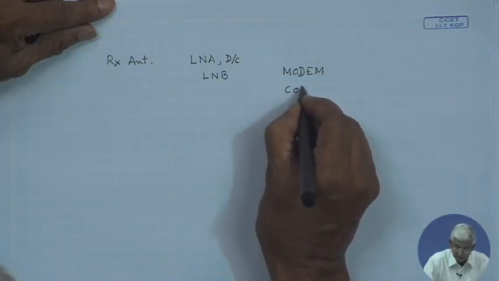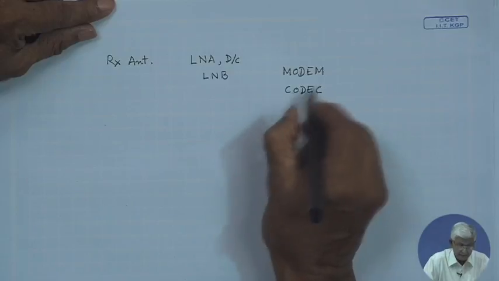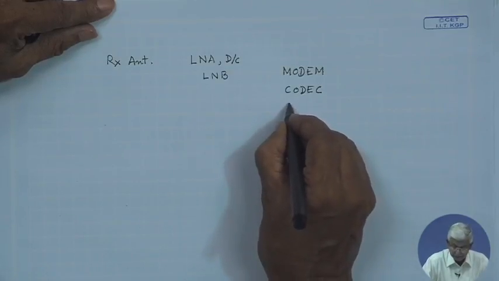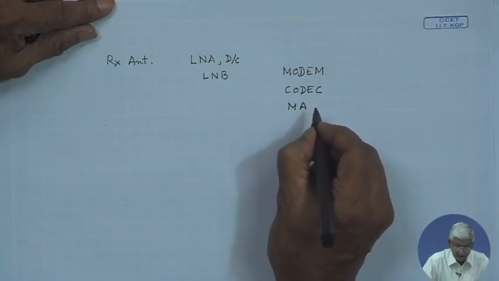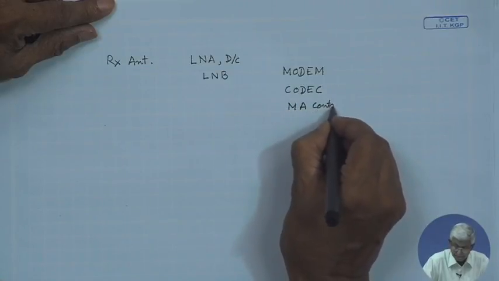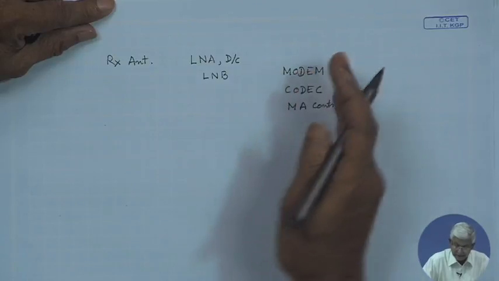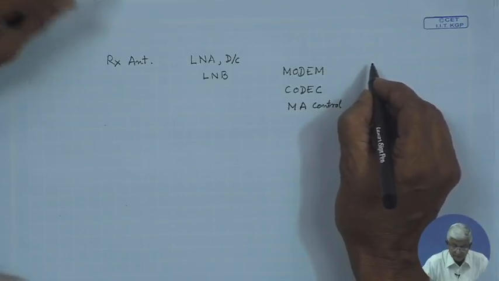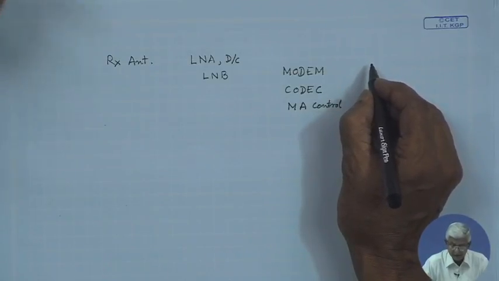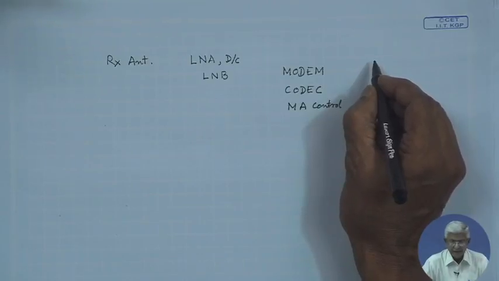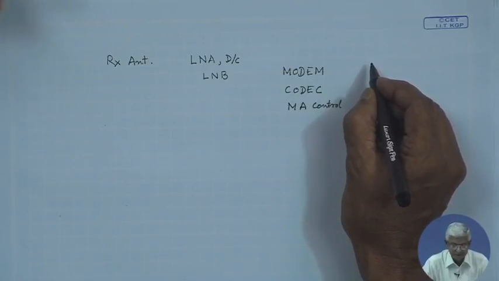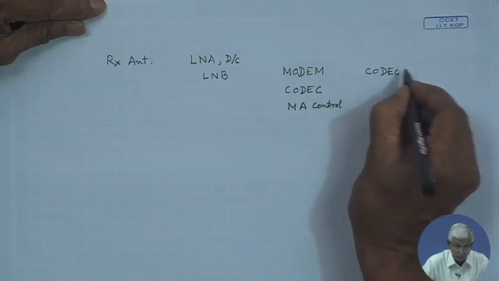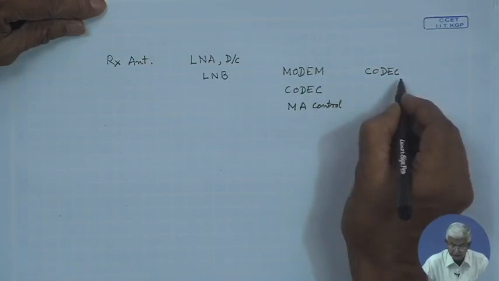So I will simply call it modem, and of course there will be certain error correction, so there will be a codec, that is for channel error correction. Then if multiple people are using it, there could be multiple access control. And then after getting all the bits, whether it was baseband compressed, it has to be decompressed, like in TV it is done, in voice it is done. So there are other types of codec, which is the baseband coding and decoding, which is compression and decompression.